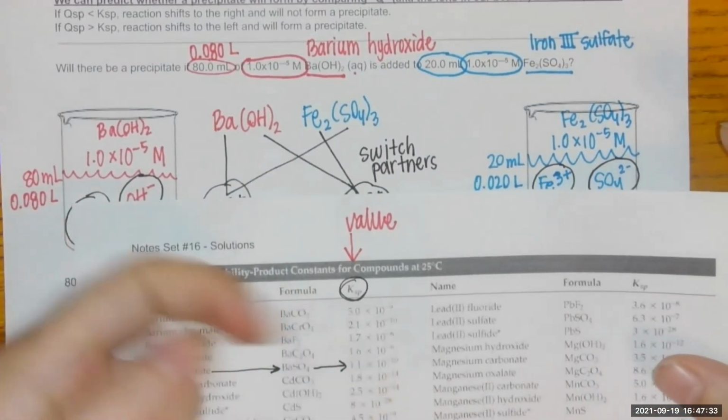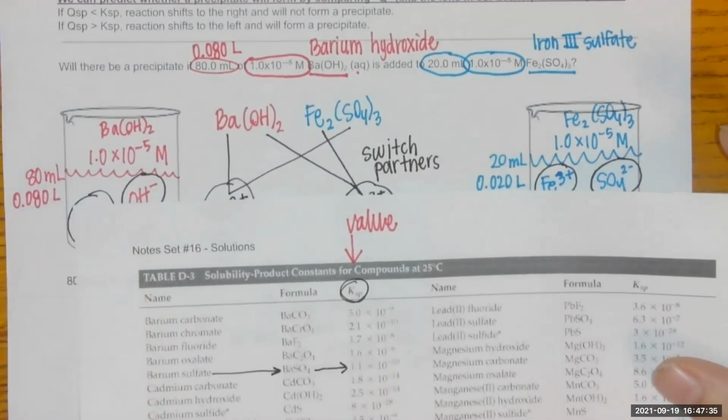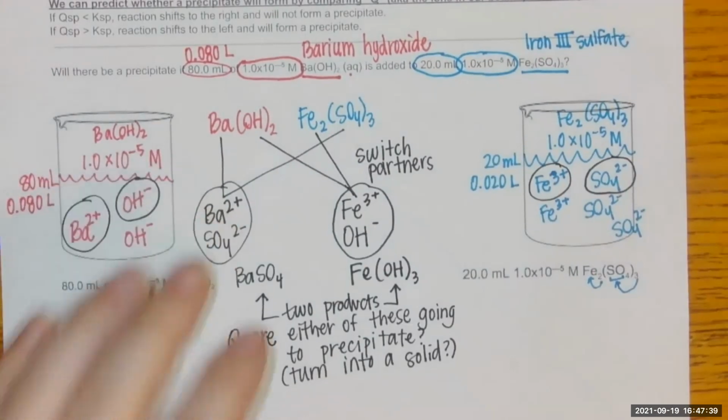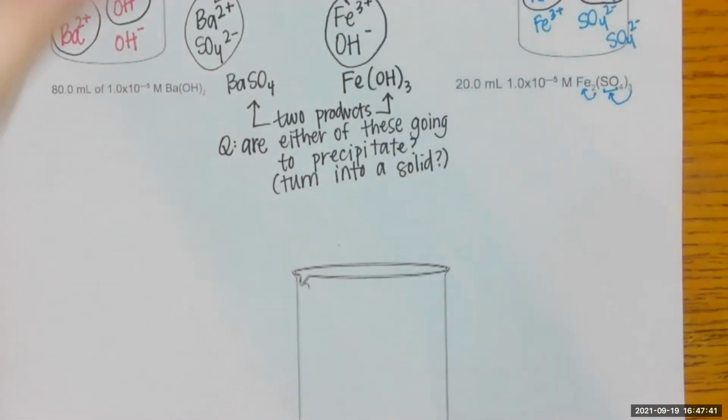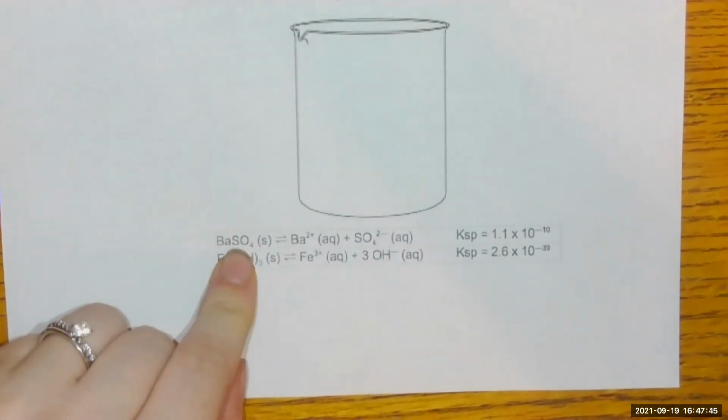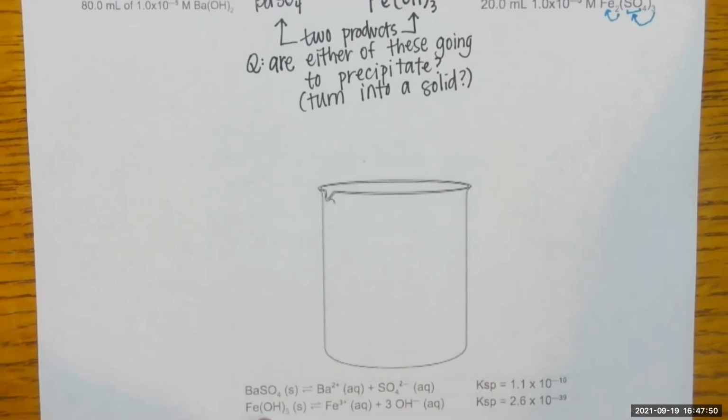And then I must have got the other one from somewhere else because this table doesn't have it. But looky down here. Barium sulfate, iron hydroxide. Those are the ones that we're looking at in question.